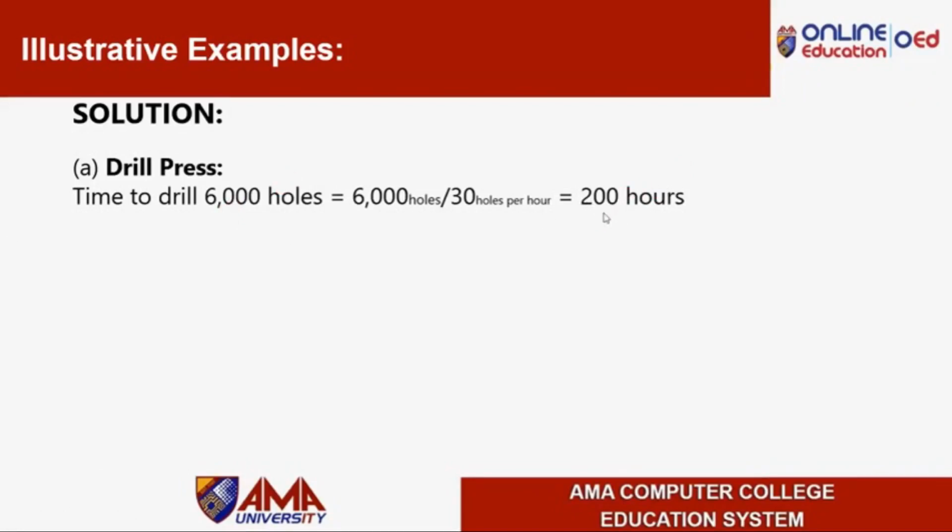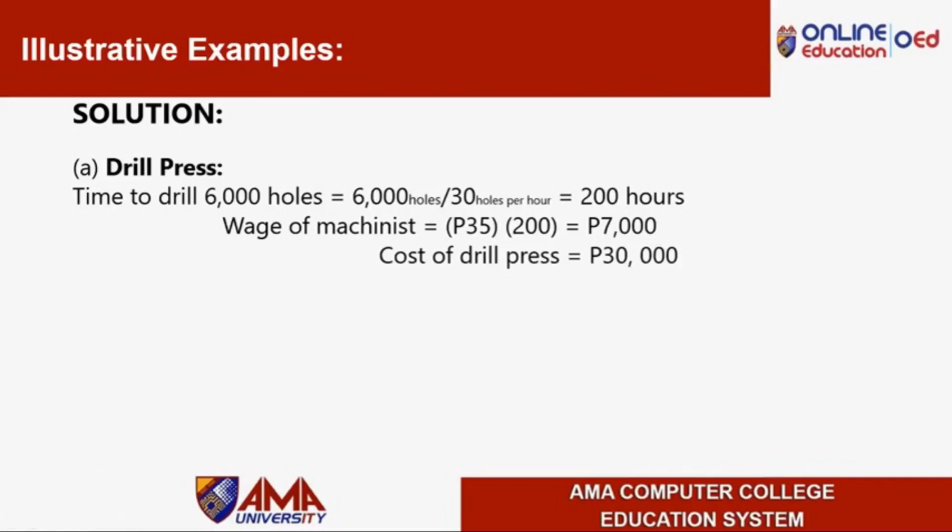Next, the wage of the machinist is 35 pesos per hour, multiplied by the 200 hours needed to finish the 6,000 holes. So 35 pesos multiplied by 200 hours is equal to 7,000 pesos. Now, the cost of the drill press is 30,000 pesos. So now the total cost is 37,000 pesos.